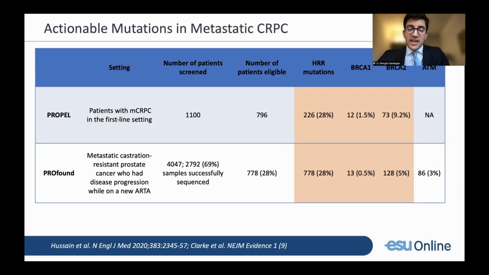In prospective randomized trials assessing the role of novel therapies in the setting of metastatic castration-resistant prostate cancer, when somatic testing was available and HRR mutations were tested, we can see that up to 28% of patients, both in the PROPEL and PROFOUND studies, had HRR mutations, and in a substantial number of cases, BRCA1 and BRCA2 were actually mutated.